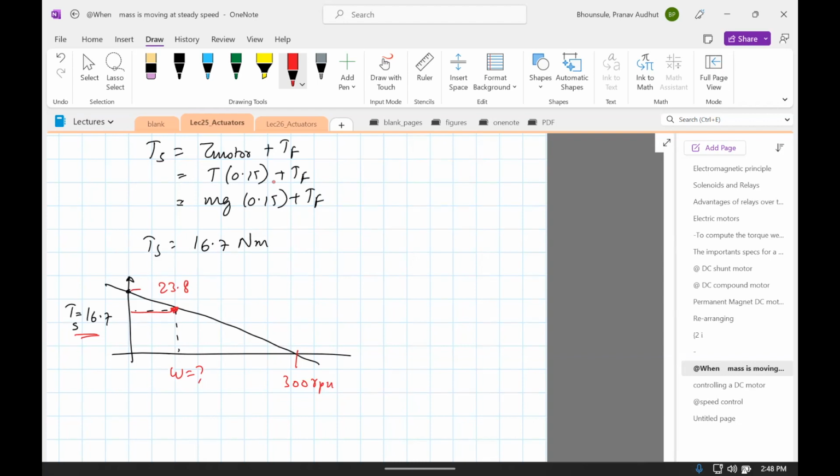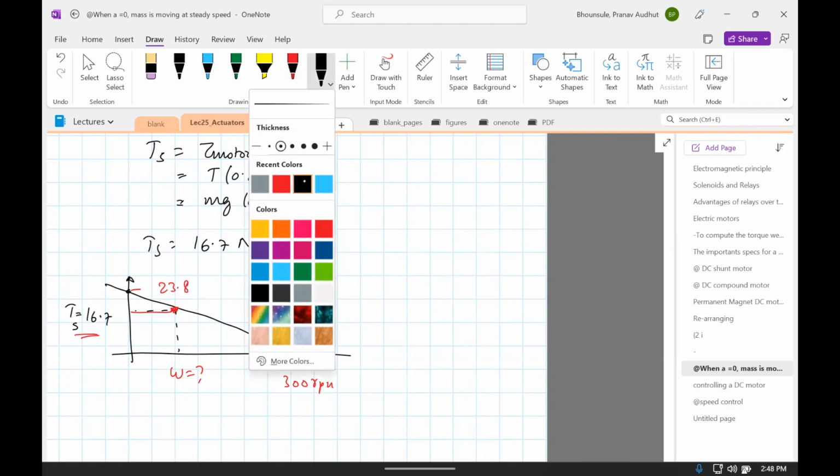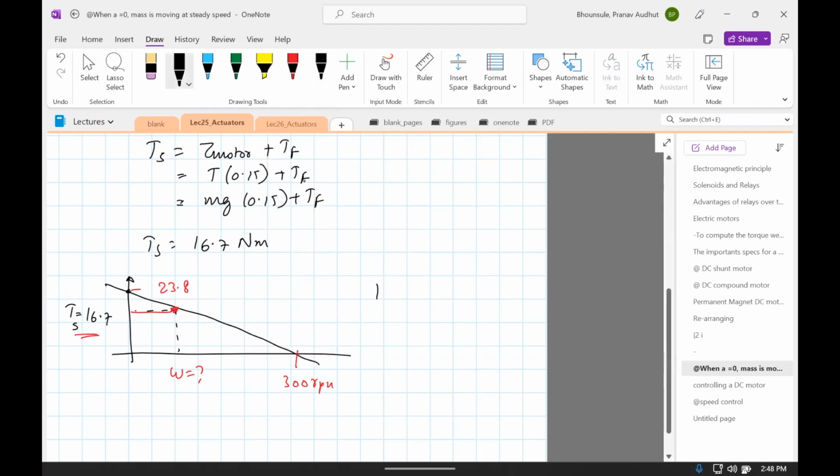So here we can write the equations of the motor. The equation of a straight line with intercept of 23.8 on the y-axis is going to be something like this: T divided by 23.8 plus omega divided by 300 equals 1. So that's the form for the equation with a y-intercept of 23.8 and x-intercept of 300.